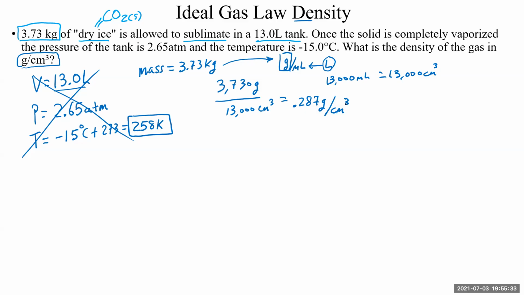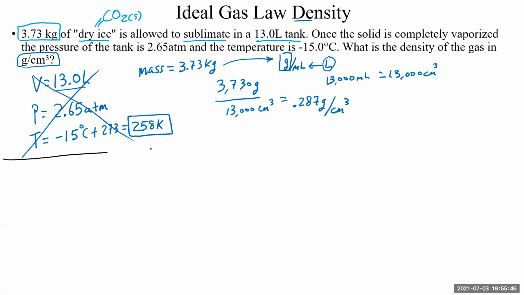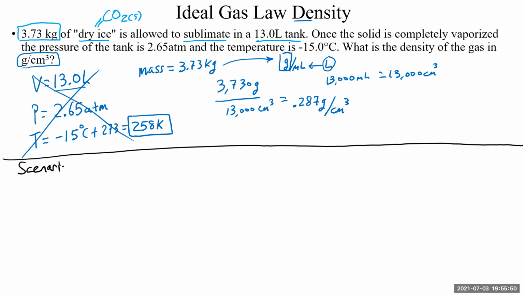Let's say we have another sample of carbon dioxide. But this time we don't know how much. So we use the same conditions, but this time, and I'll label this scenario number 2.